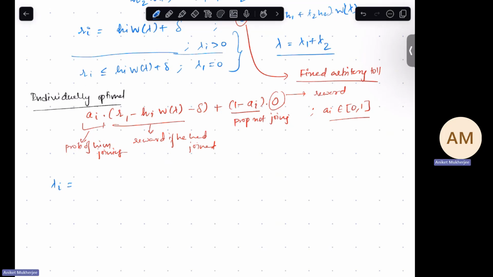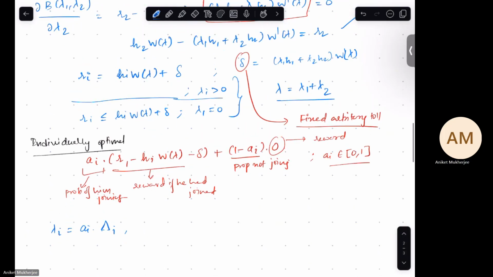lambda_i equal to a_i into Lambda_i, which satisfy either this or this equation.